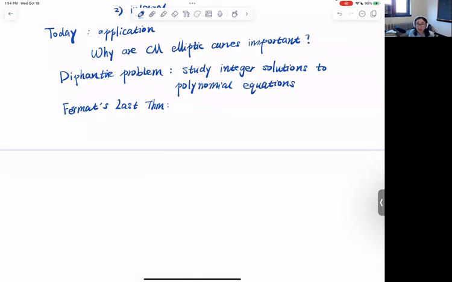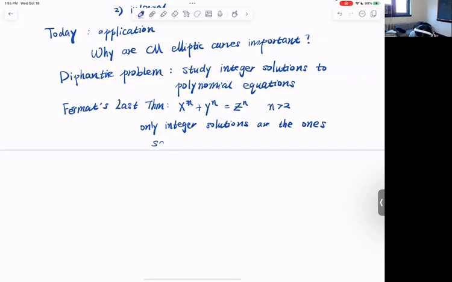Which says that if I consider the integer equation x^n + y^n = z^n, where n is greater than 2, the only integer solutions are the ones satisfying xyz = 0.